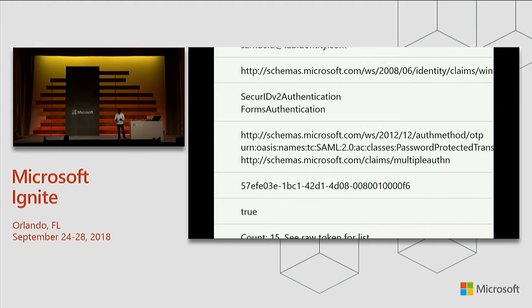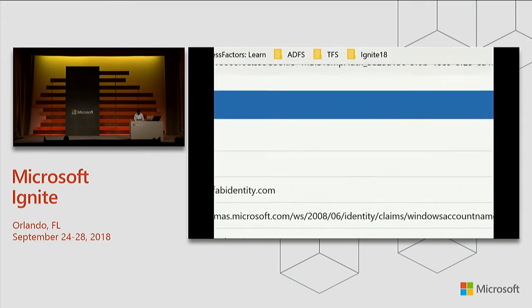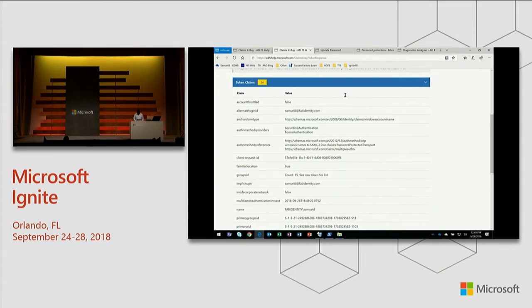That's logged in. ADFS is also logging that I've done a password authentication. And because I've done two distinct factors from an ADFS perspective, it is now considered a strong authentication, which is multi-factor in this case. So that concludes my demo. Let's go back to the slides.